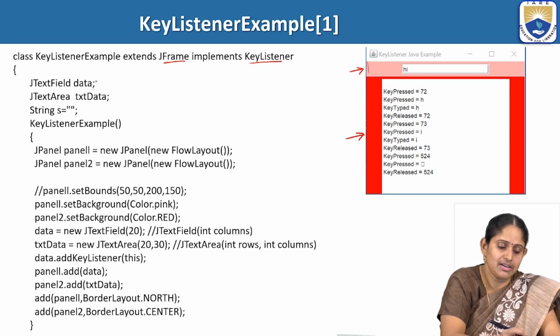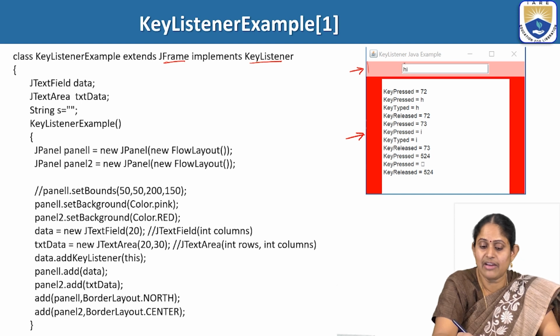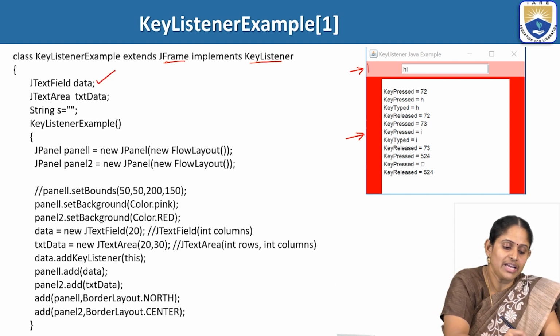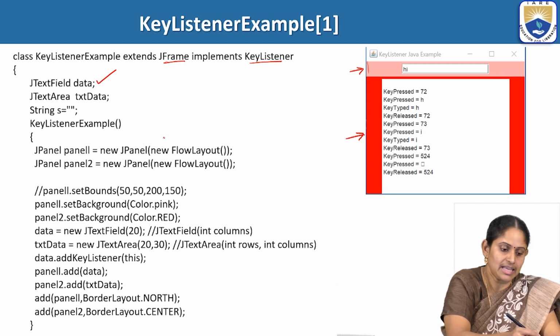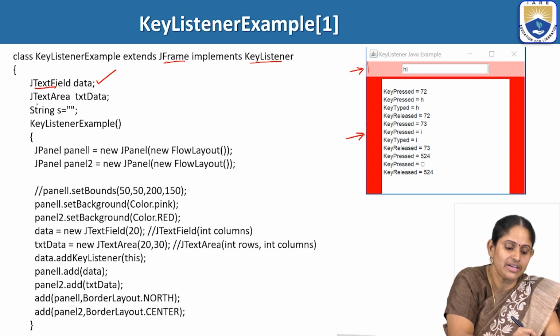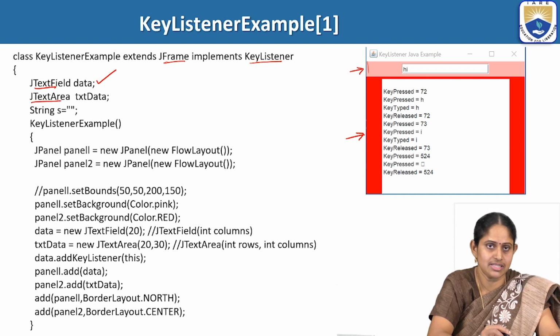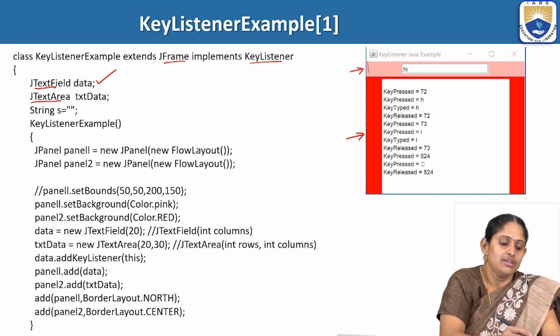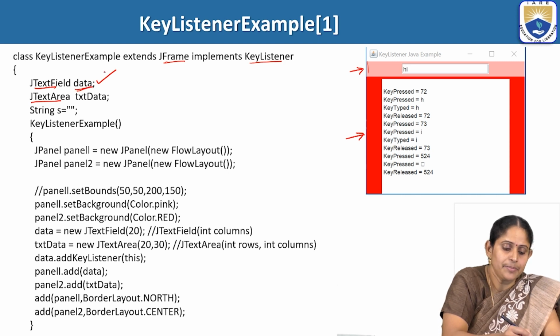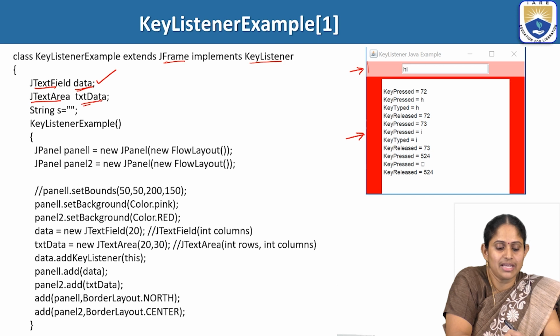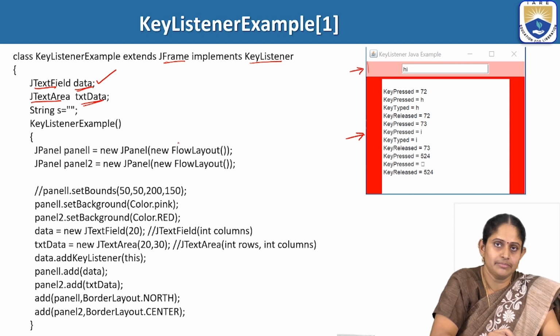For that, we have to define the text area as well as the text field. Again, JTextField and JTextArea are part of Swing. Here we are using the text field named data, and the text area named txtData.